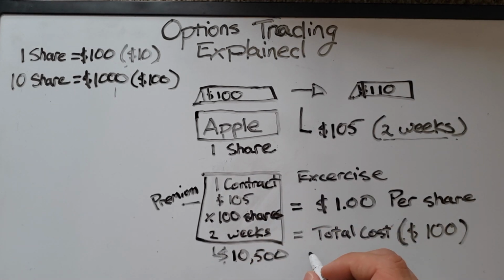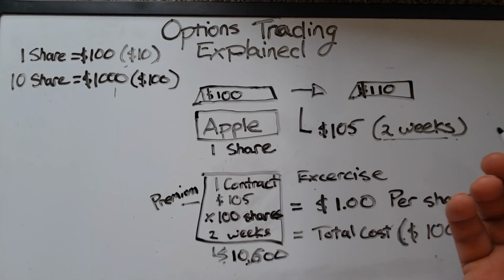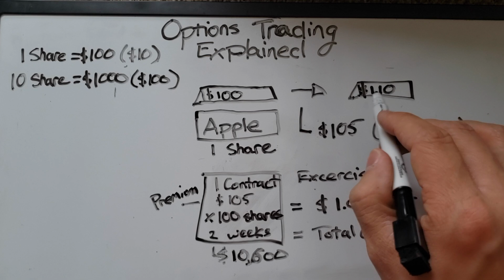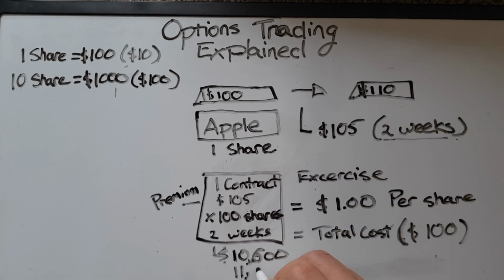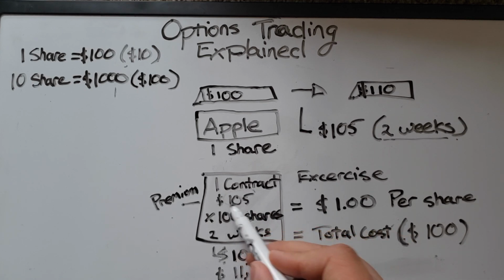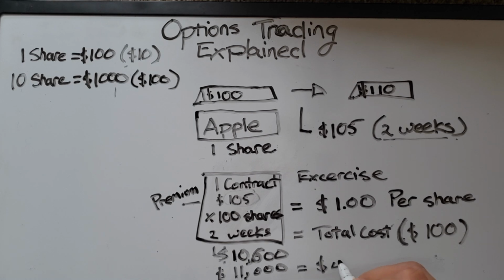And remember, you also paid $100 for the premium to own the contract, so you've spent a total of $10,600 on this transaction. Now, the actual worth of your stocks, if the price is 110, like we're discussing, would be $11,000. But you only had to spend $10,600 for it because you were able to buy it at this strike price, leaving you, if you choose to sell, with a profit of $400.